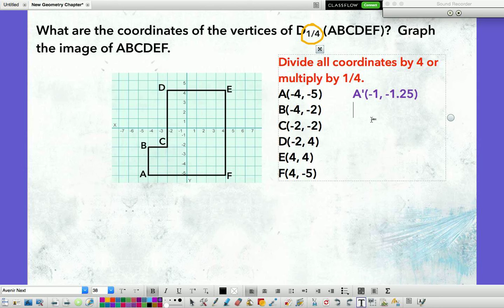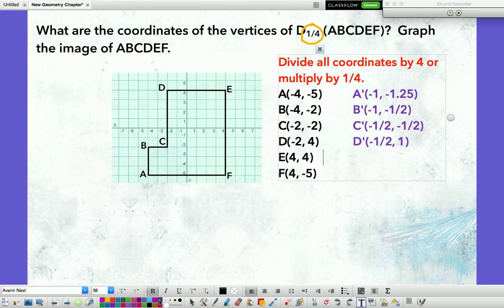B prime, -4 divided by 4 is -1. -2 divided by 4 is -1/2. C prime, -2 divided by 4 is -1/2 and -1/2. D prime, -2 divided by 4, -1/2 again, and 1.